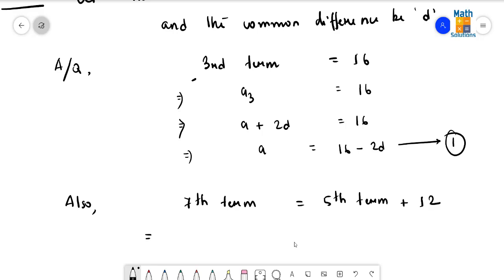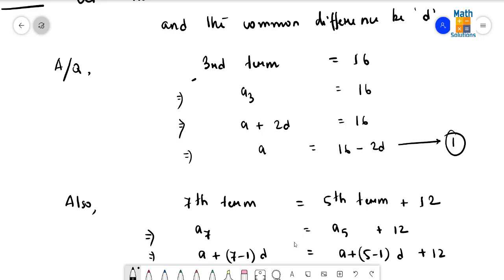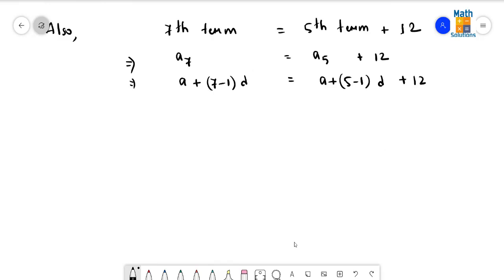So what can I write here? A7 is equal to A5 plus 12. Further, A plus 7 minus 1 D is equal to A plus 5 minus 1 D plus 12. I am using here the general formula for the nth term of an AP.